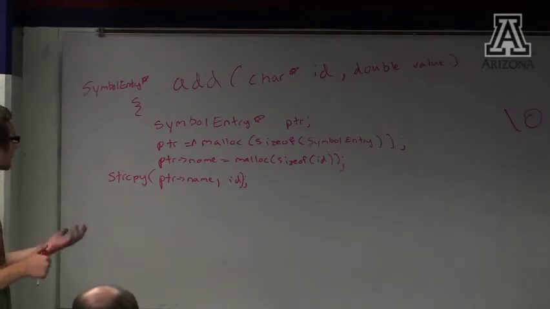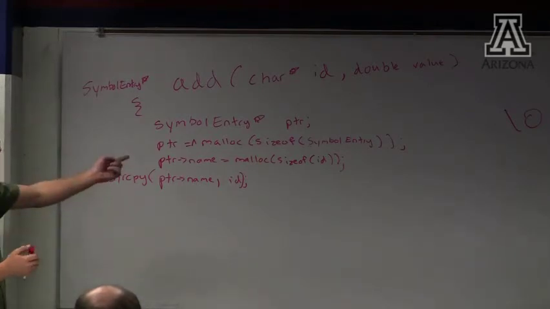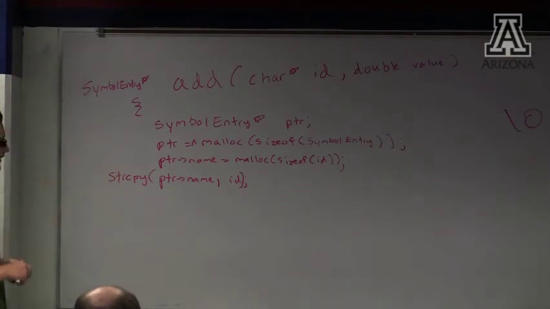Don't forget the null, right? So I'm saying I left it off there when I malloced. You probably need to add it to this, but I'm not worrying about the null terminator in the back. I'm pretty sure you don't need to add it because it's actually tagged on ID. So when you pass it to the string copy, you should add it. Okay, I agree, but my worry was, the null terminator is on ID, right?